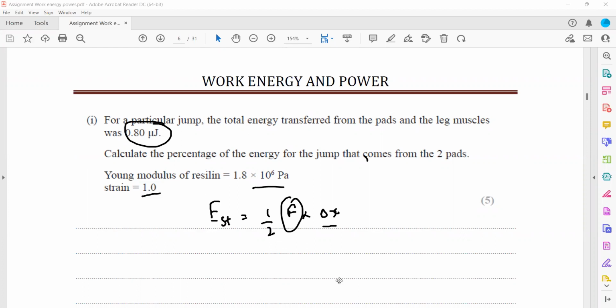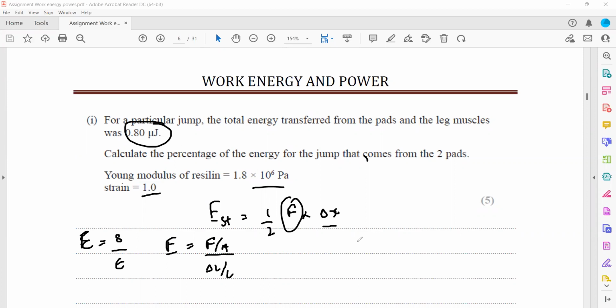So using the stress and strain, we will find the force, because we have the Young's modulus and strain given. The ratio between stress and strain is equal to Young's modulus. So the Young's modulus, normally denoted by E, equals stress divided by strain. Stress is force acting on unit area, so Young's modulus is F divided by A, and strain is change in length over original length.